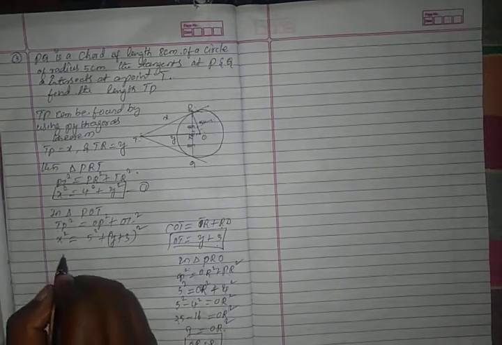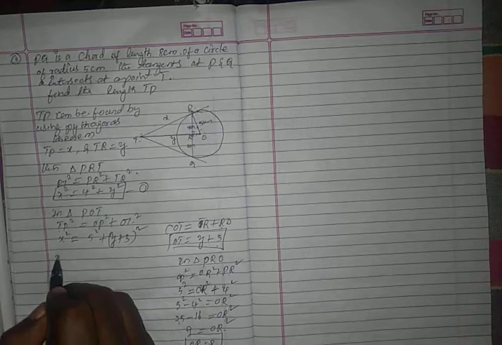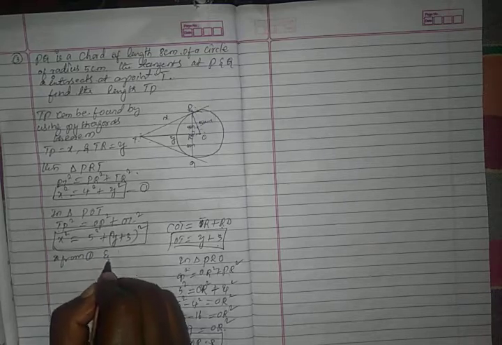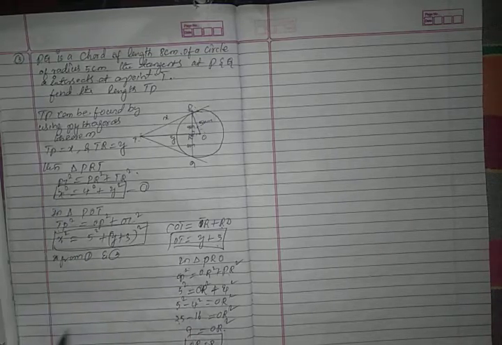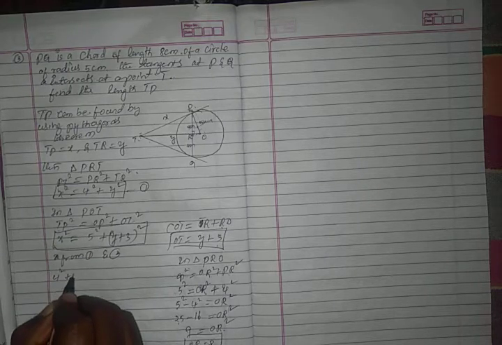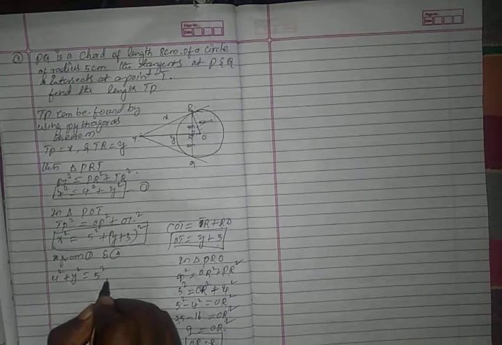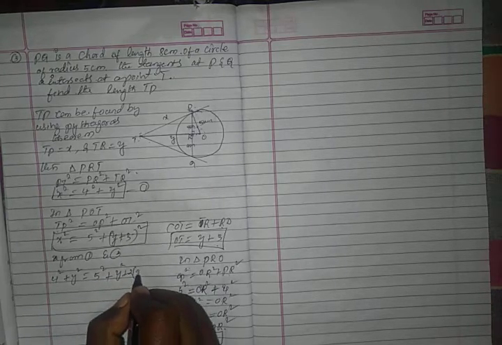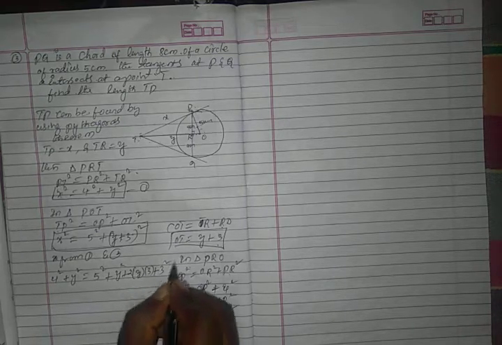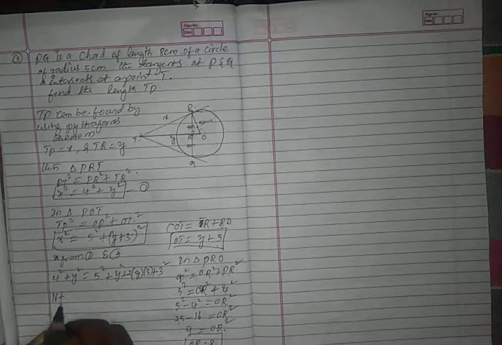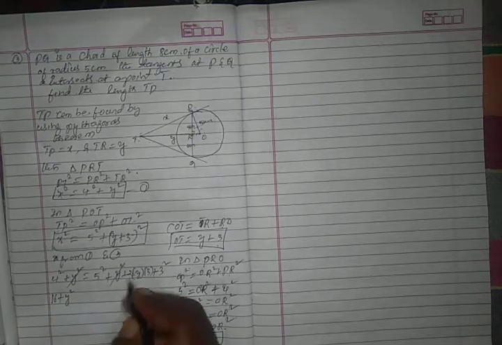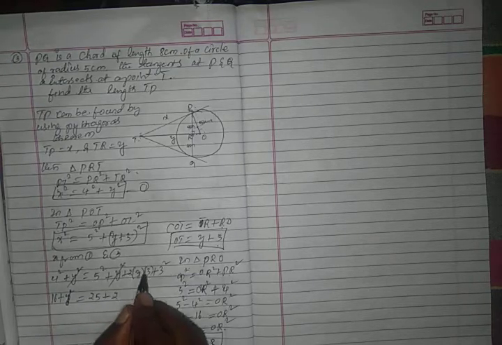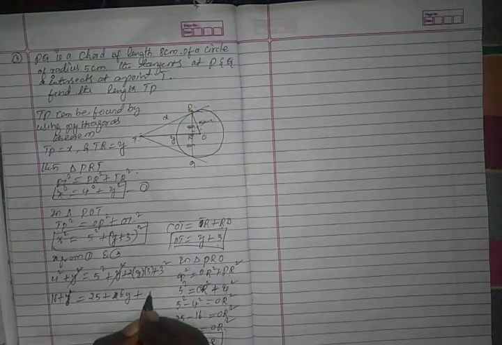Let us write OT as y plus 3 whole square and expand this, x squared. So comparing, this is equation number 2. From 1 and 2, left side is equal to left side. Therefore right side 4 squared plus y squared is equal to 5 squared plus (a plus b) whole square, which is a square plus 2ab plus b square. 4 square is 16, plus y square, and the y squares cancel. 16 is equal to 25 plus 6y plus 9.